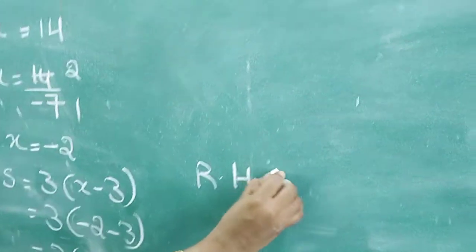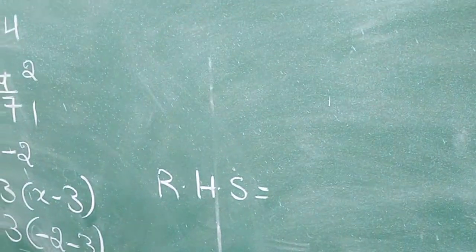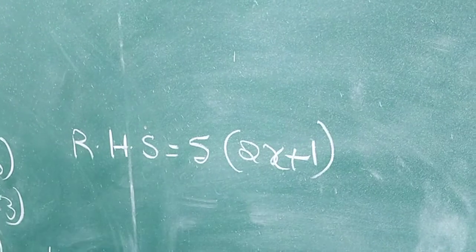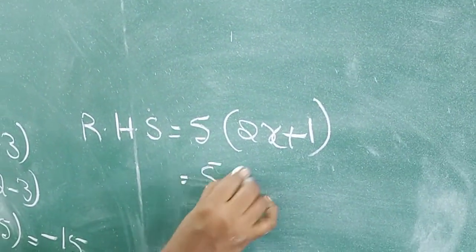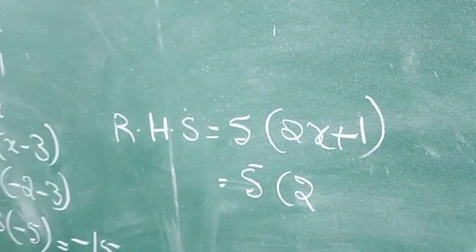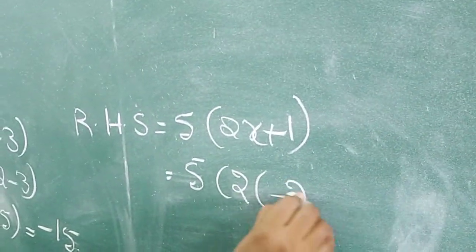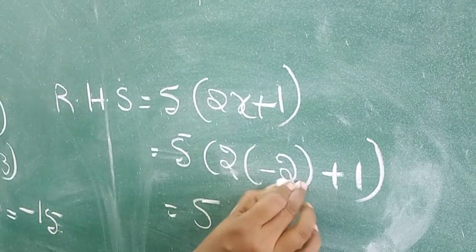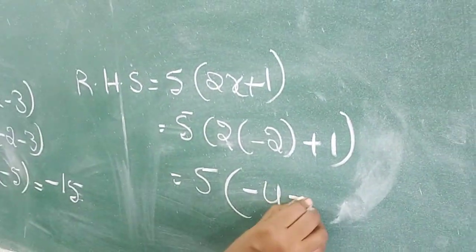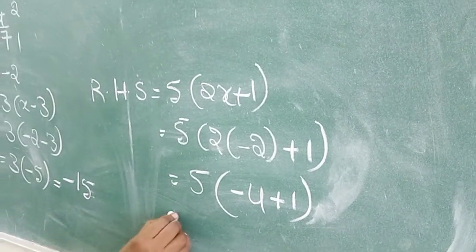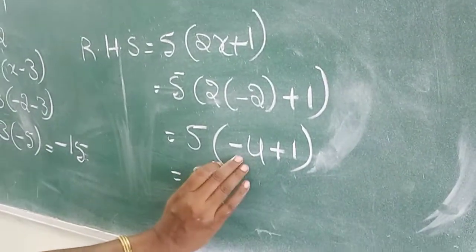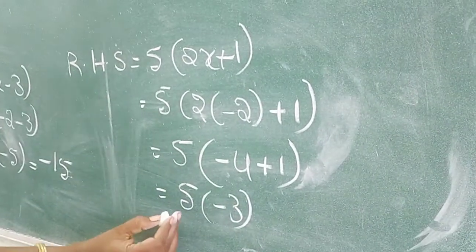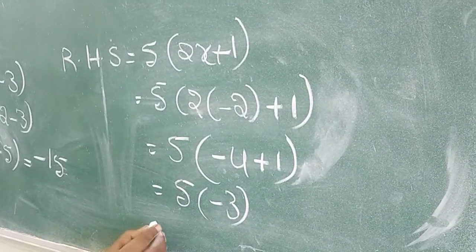RHS is equal 5 into (2x plus 1). That is 5 into (2 into x value minus 2 plus 1). 5 into (2 2s are 4, minus 4 plus 1). 5 into minus 3, 5 3s are 15.